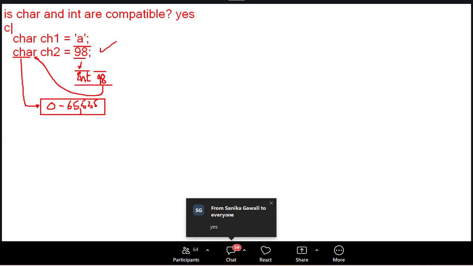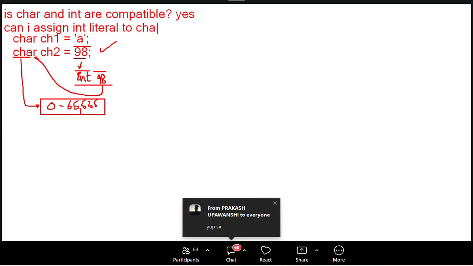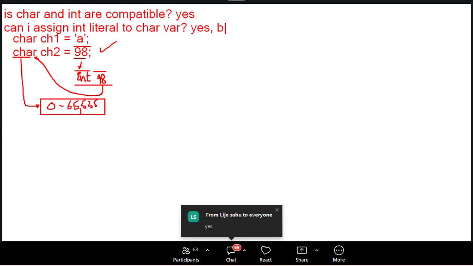Then, can I assign an int literal to a char variable? Is it possible? Possible, yes, but only up to the char range.